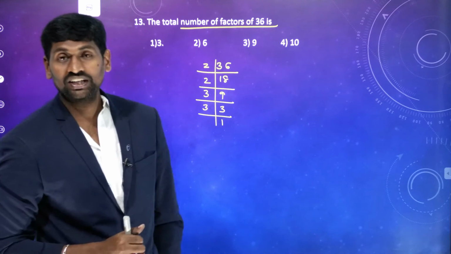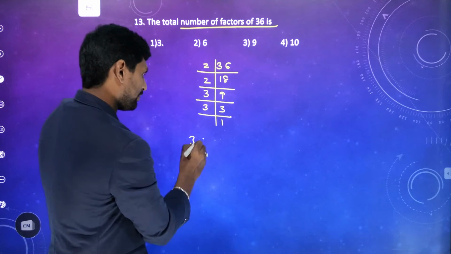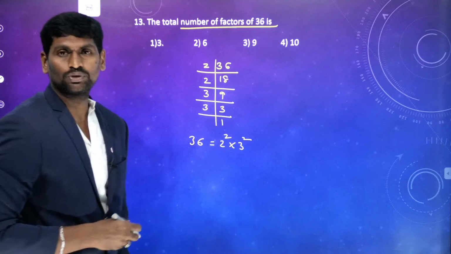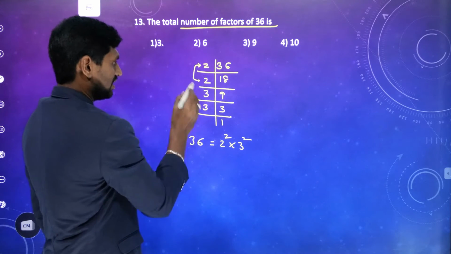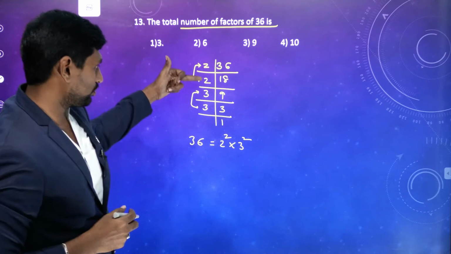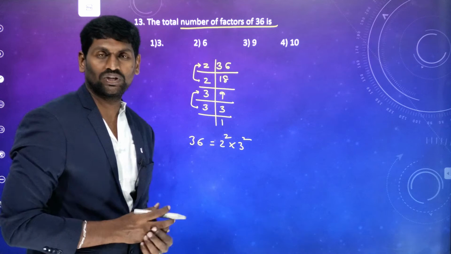While doing the prime factorization, we should take only prime numbers, okay? So 36 can be expressed as 2 square into 3 square, because 2 is present here 2 times and 3 is present 2 times. So 36 is 2 into 2 into 3 into 3, which is 2 square into 3 square.